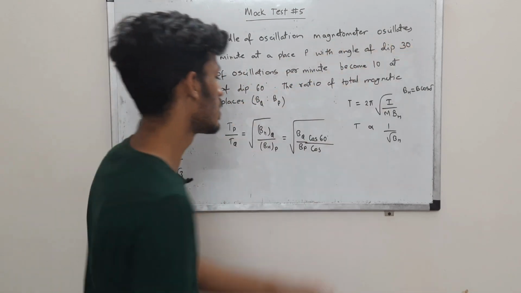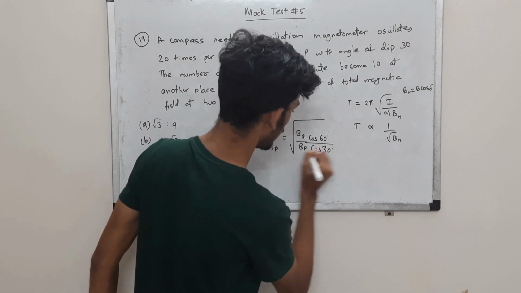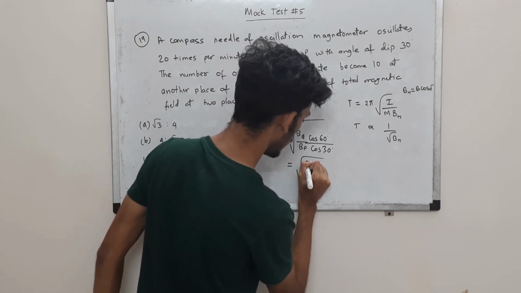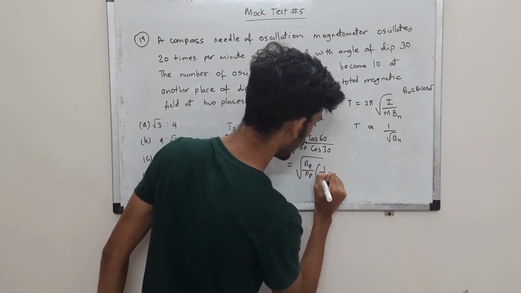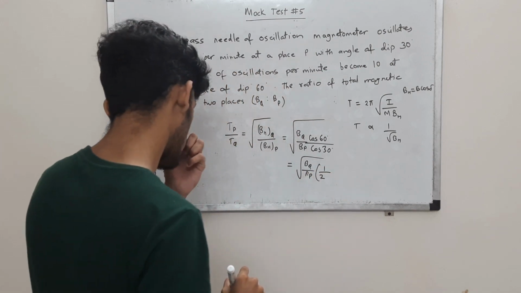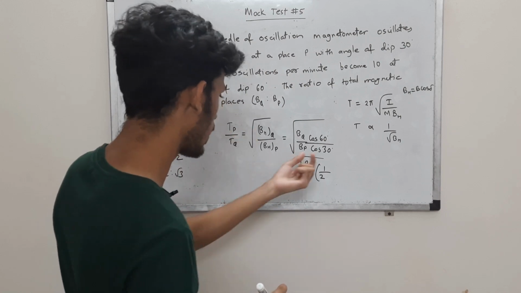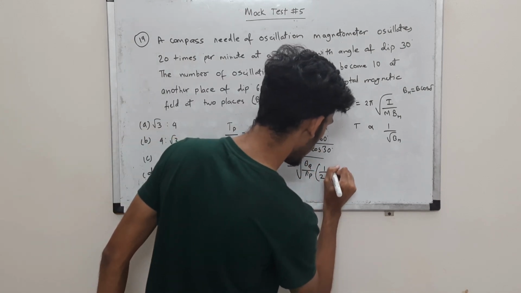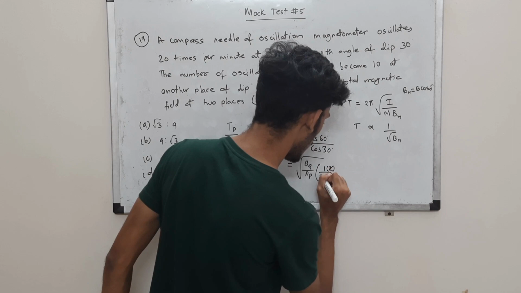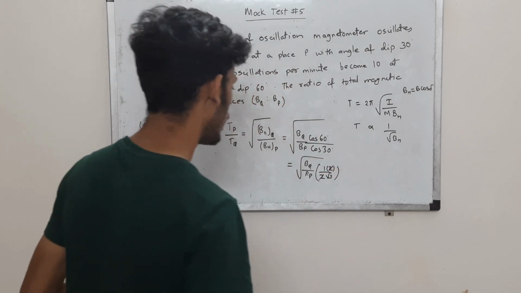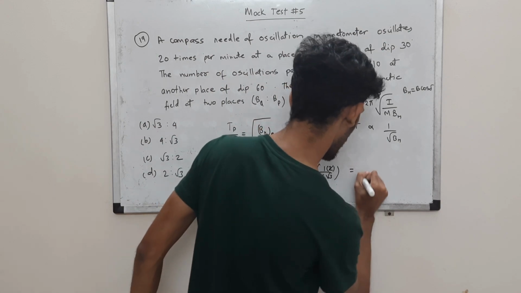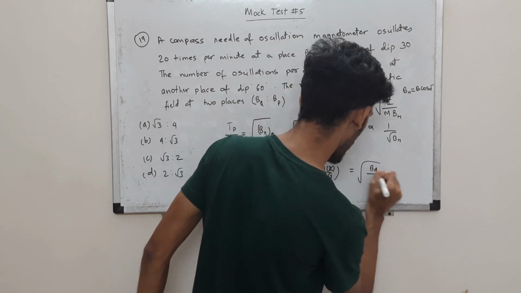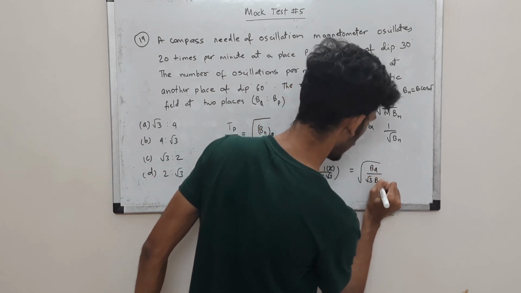So here you'll have BQ by BP, and cos 60 is half, and cos 30 is root 3 by 2. So this 2 and 2 can get cancelled, and we are left with BQ by under root 3 BP.